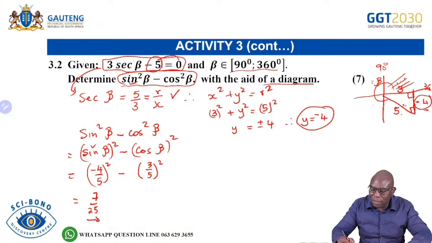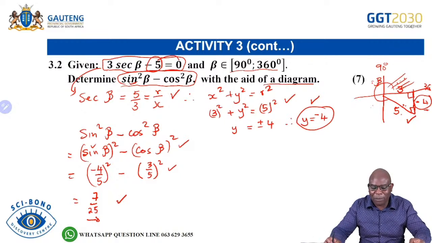So you'll get a mark for that. You'll get a mark for the sketch. You'll get a mark for finding the value of y. So you already have 3. So you have 4, 5, 6. Then you'll get a mark for the method of finding that. Get the mark for finding the value of x by calculating correctly. You get a mark for substituting correctly.